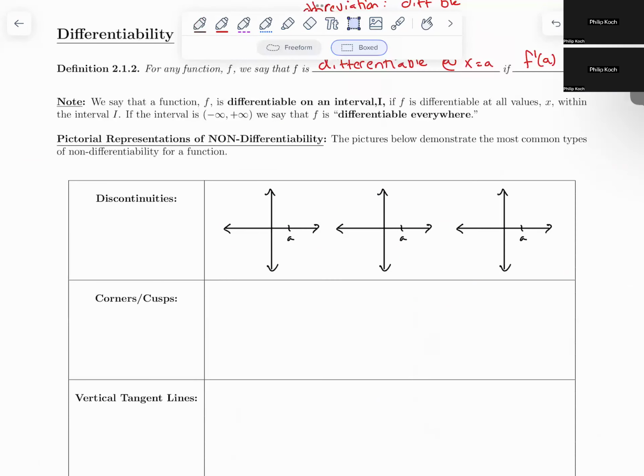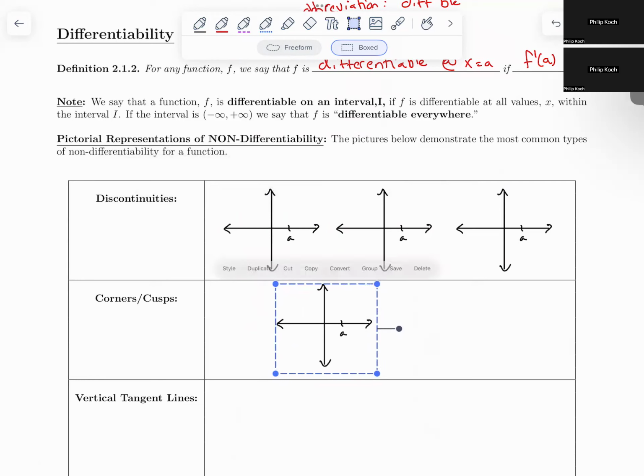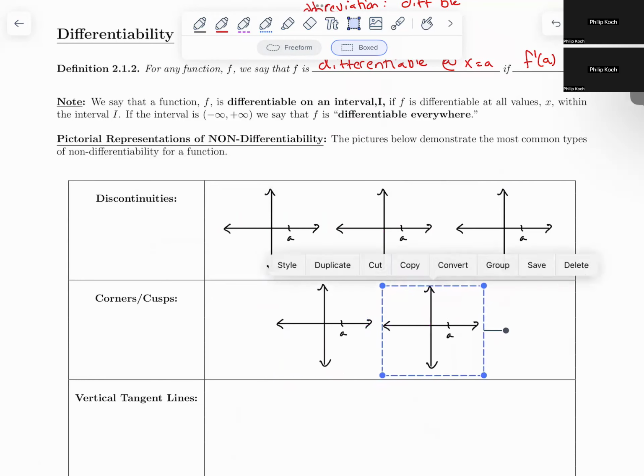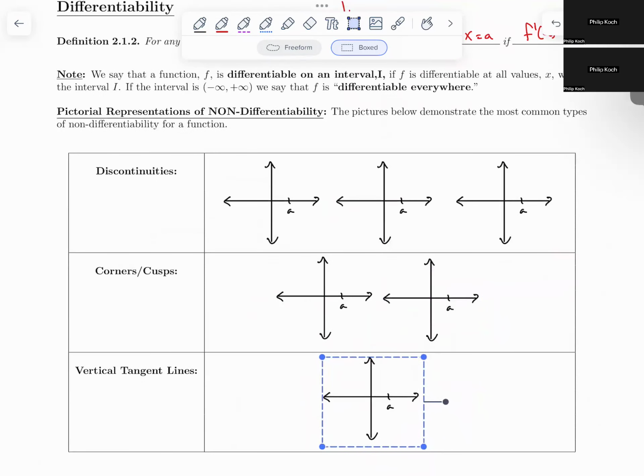And then for the corners and cusps, I want you to do 2 graphs. And then for a vertical tangent line, I want you to do just 1. So I'm going to wait for a second for you to draw all those things.